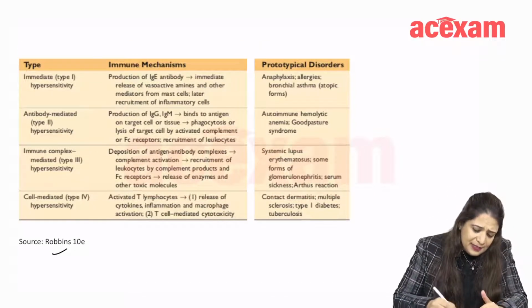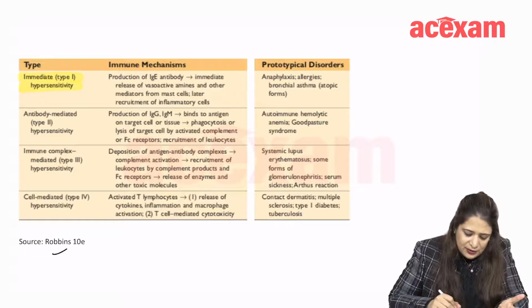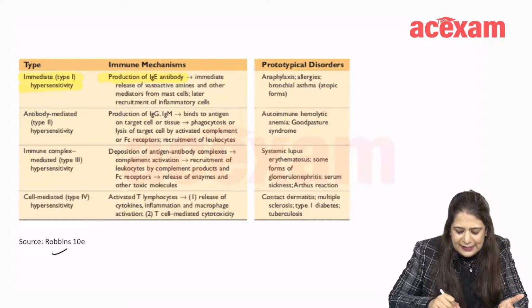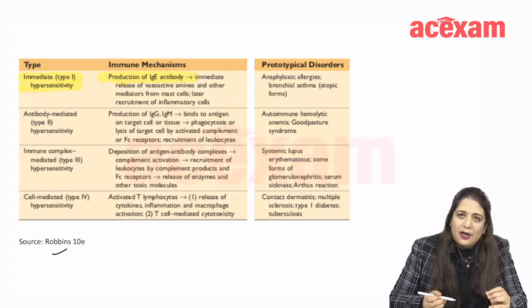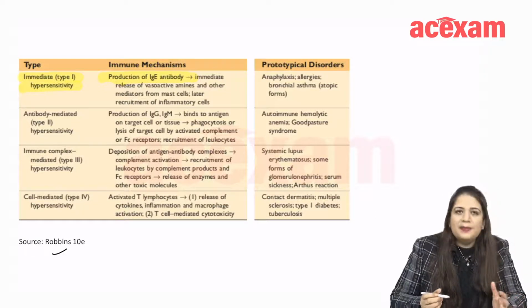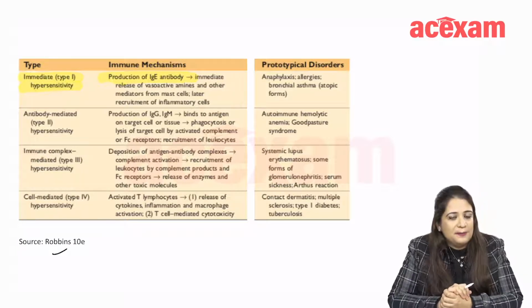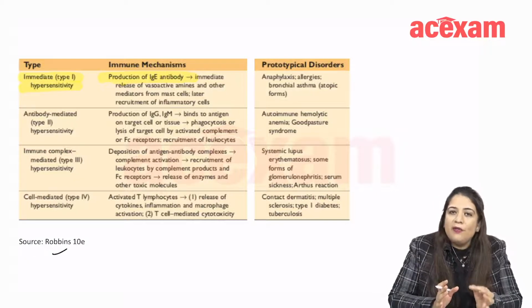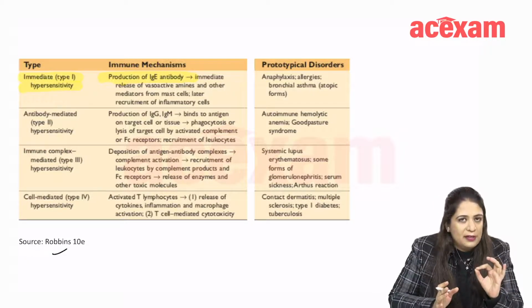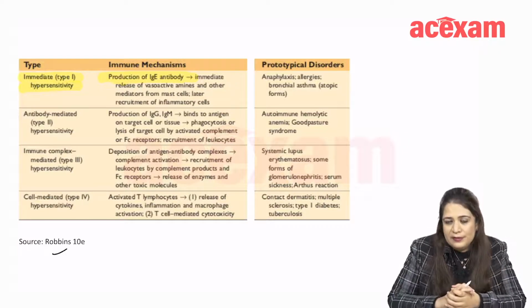Type 1 hypersensitivity, the classical example shown here, is associated with production of IgE antibody. IgE antibody is the one responsible for allergies. If there is allergen exposure to an individual the first time, it results in sensitization of the individual to that particular allergen, in the form of mast cells expressing increased IgE antibodies on their surface.